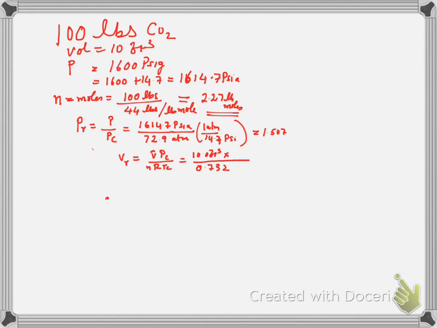So the pressure that we have is actually P, which is 72.9. This is not PC, folks. This should be P actually. That's the initial condition, the condition at which we know the volume, which is 10 cubic feet, and we have 72.9 atmospheres inside pressure, right?